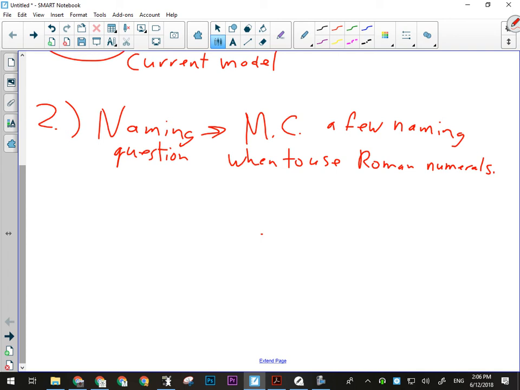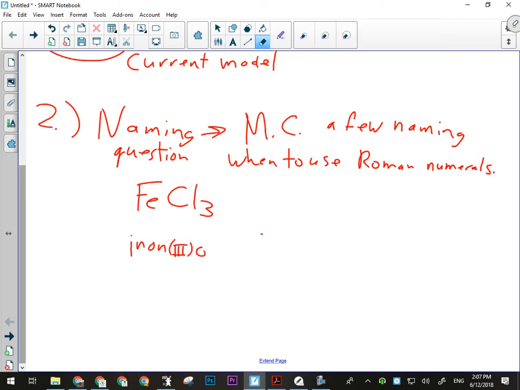So if I give you this formula here, and asked you to write its name, this would be iron, Roman numeral 3, chloride. Almost wrote oxide, chloride.